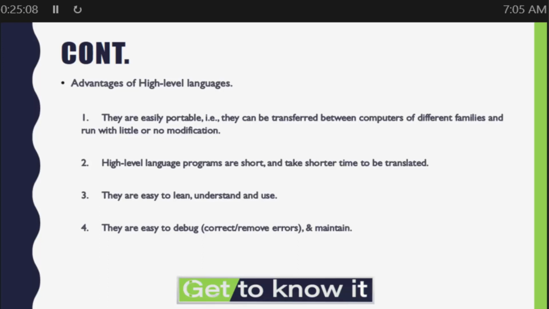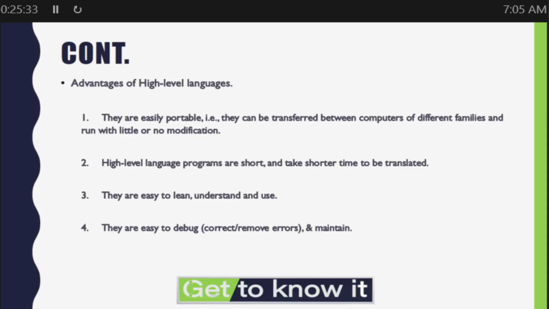Another advantage is that high-level language programs are short and take a shorter time to be translated. Because they use a vocabulary that is close to English, they become very short, in such a way that you can explain yourself in a few words.